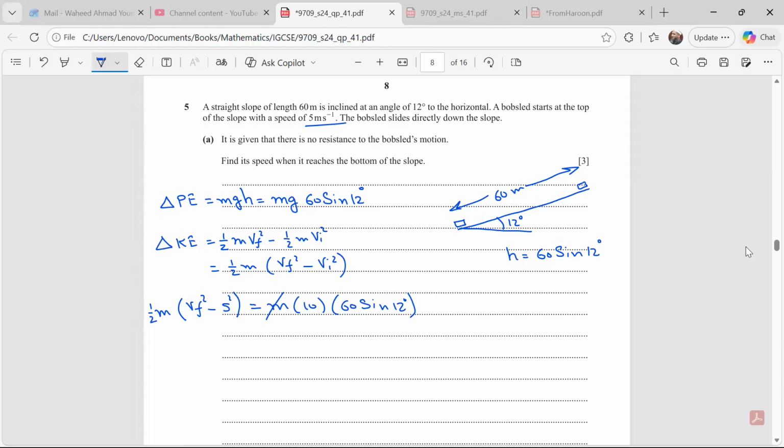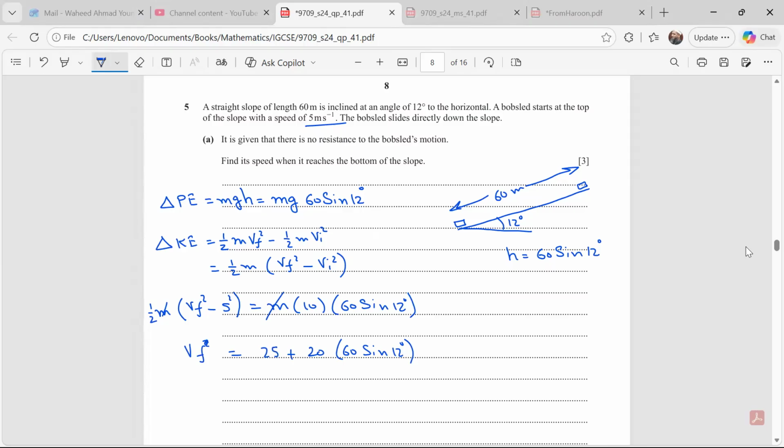So m cancels from both sides, and vf squared is equal to 2 times 10, that is 20, into 60 sine 12, plus 25, this 5 squared.